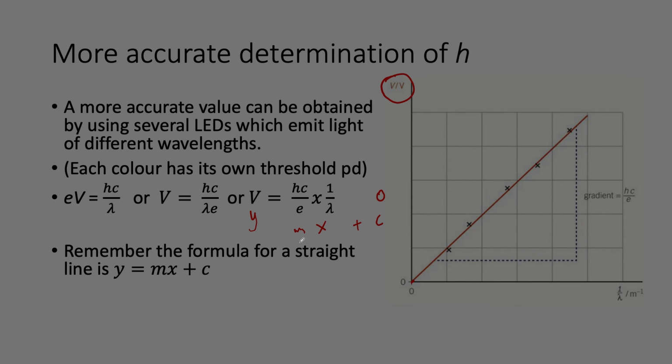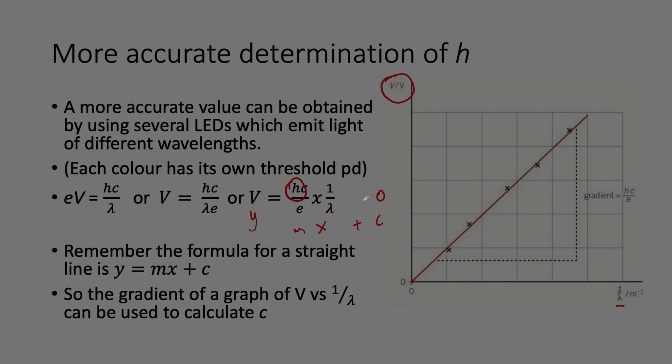So if on x we plot 1 over lambda, which we have done, the gradient of that line is hc over e. If we know the charge on an electron and we know the speed of light, we can use that to calculate Planck's constant, which is h, by a little bit of rearrangement.